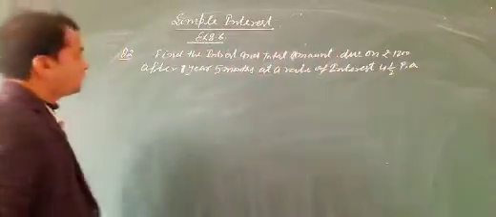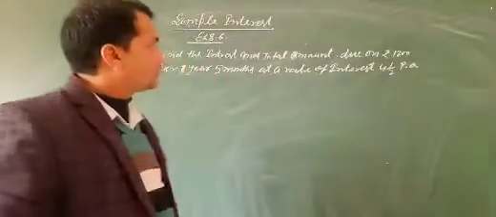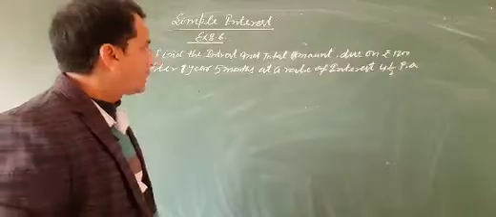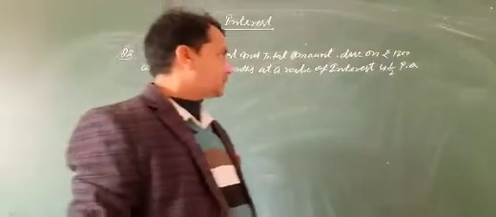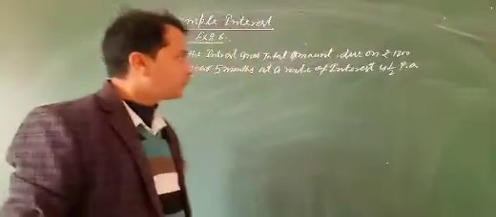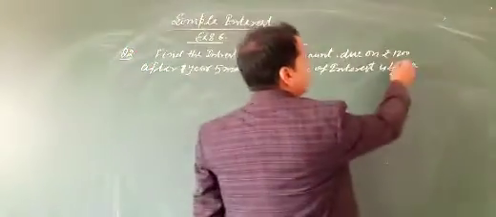So it is clear that we have to find the interest and total amount due on 1200 after 1 year 5 months at a rate of interest of 4 whole 1 by 2 percent per annum.